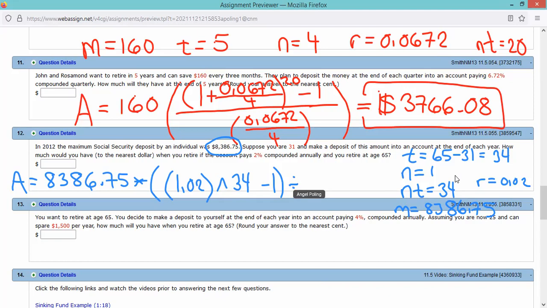Divide by R. So that's our formula, right? But 1 plus R over N is just 1.02, and here R over N is just 0.02. So when N is 1, we can write it more compactly, right?